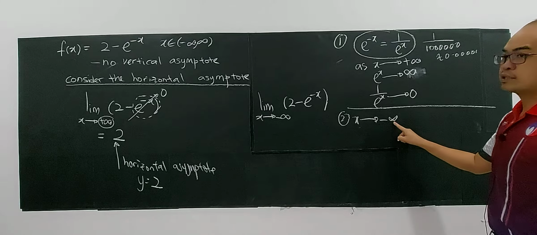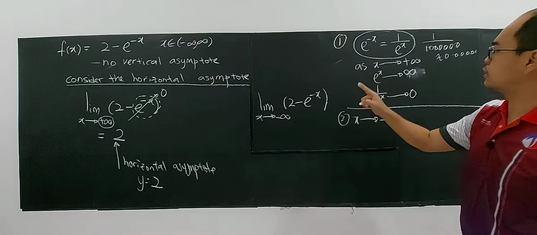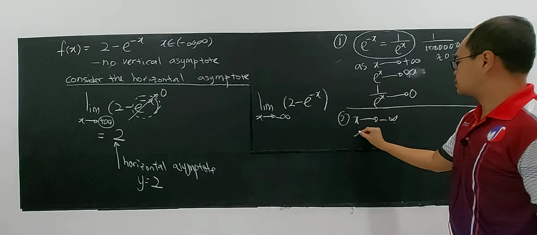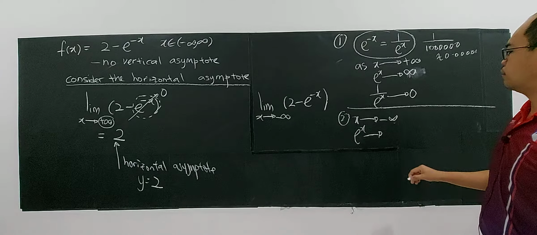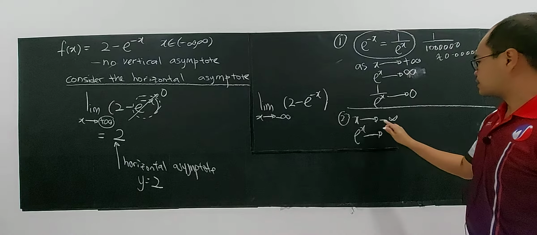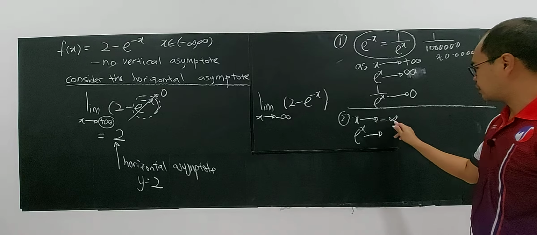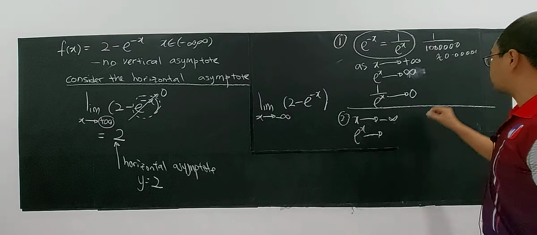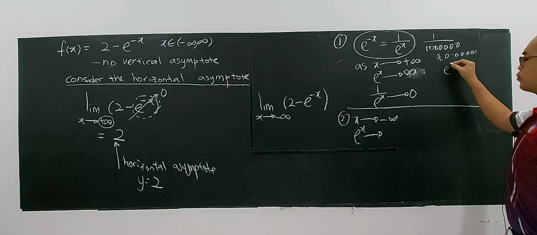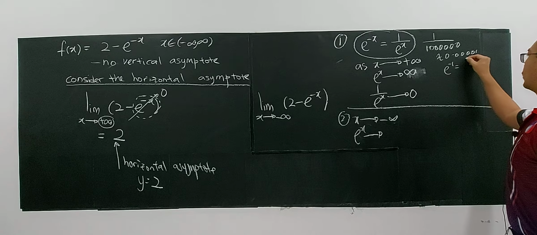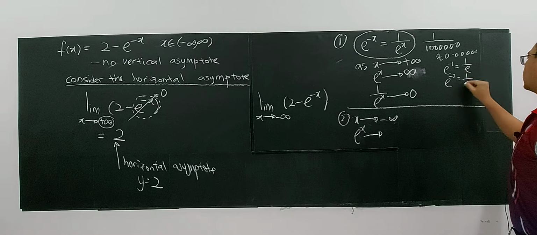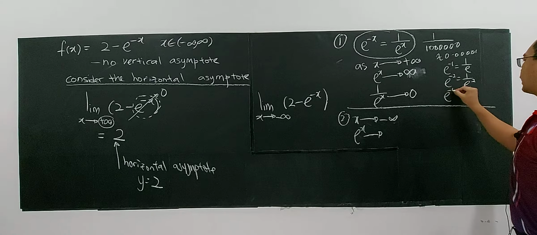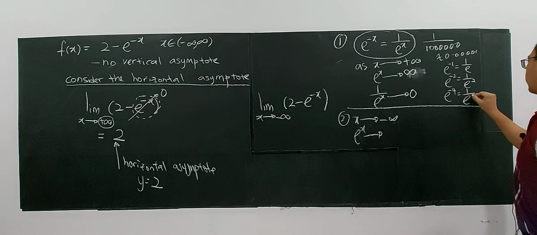As x approaches negative infinity, which is a negative value, for example, negative 2, you have 1 over e to the power of 2. For e to the power of negative 4, you have 1 over e to the power of 4.